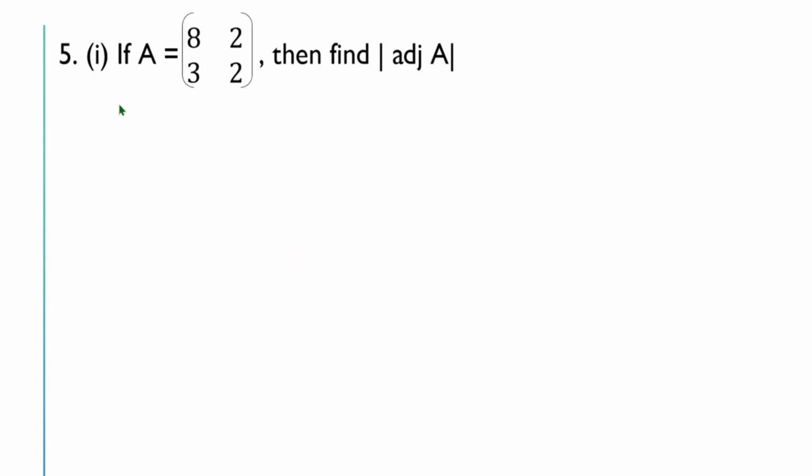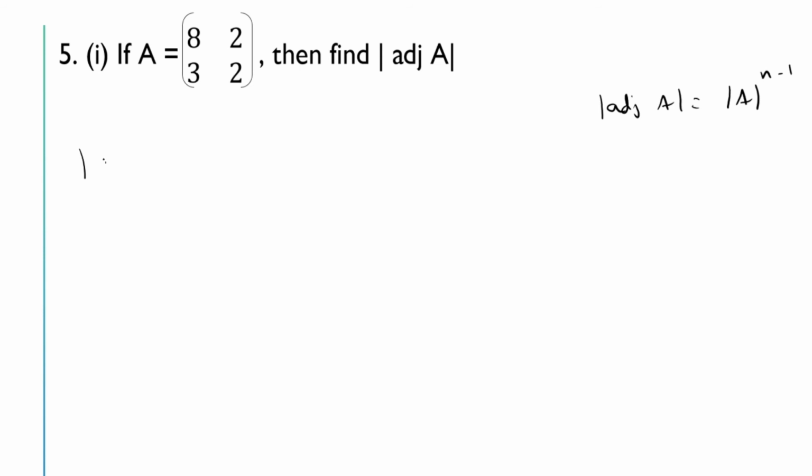The fifth one, if A is the matrix 2, 3, 2 as given, then find determinant of adjoint of A. We just saw that if A is a square matrix of order n, then determinant of adjoint of A is equal to determinant of A the whole raised to n minus 1.